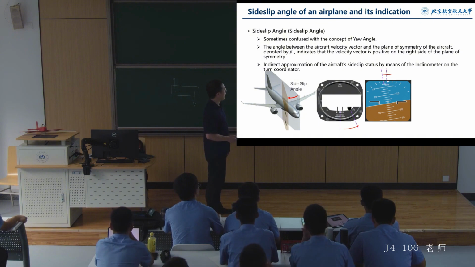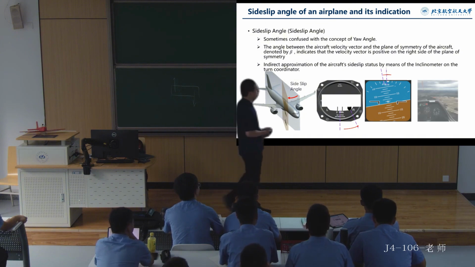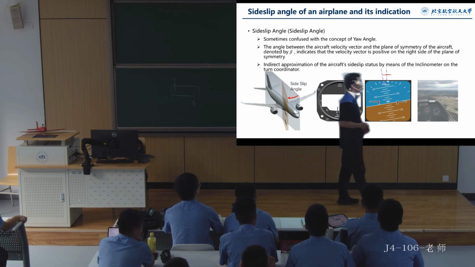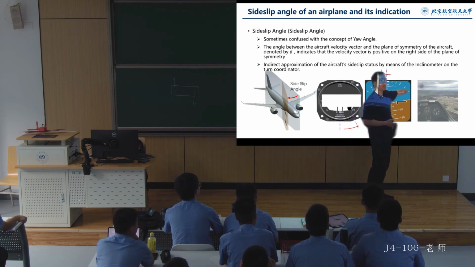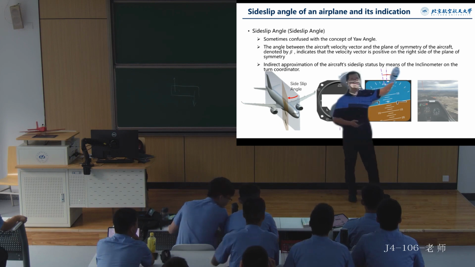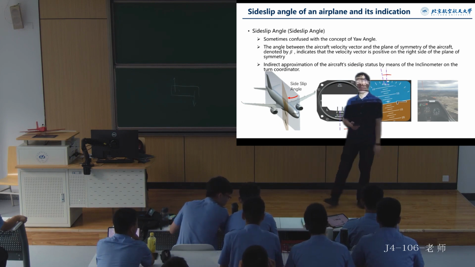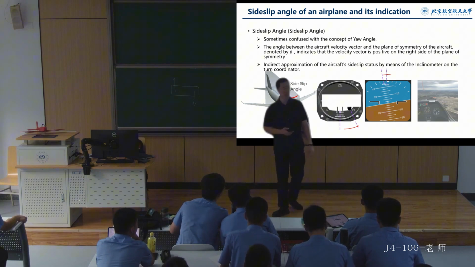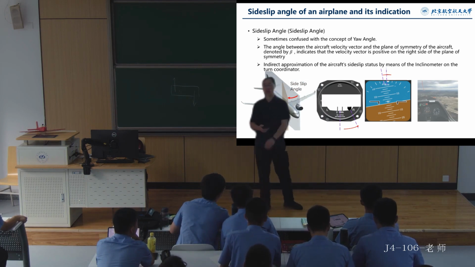Next, on a glider, there is a special accurate method, which involves placing a piece of yarn directly in front of the windshield. By observing the angle at which the yarn swings with the wind, we can also determine the aircraft's side slip angle. In fact, among all indicators, this type of indicator is the most accurate.